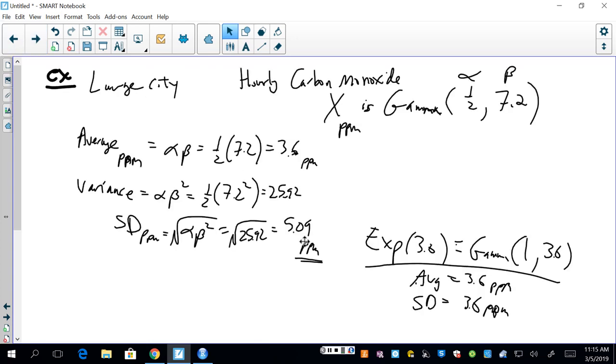As we mentioned here, this particular combination, 1/2, 7.2, gives a higher standard deviation, so that would allow more extreme values. So on some days, if it really gets bad in terms of the pollution, maybe this gamma model would better fit that, and you could calculate the chances of getting extremes.